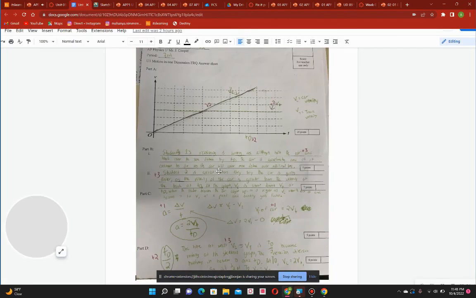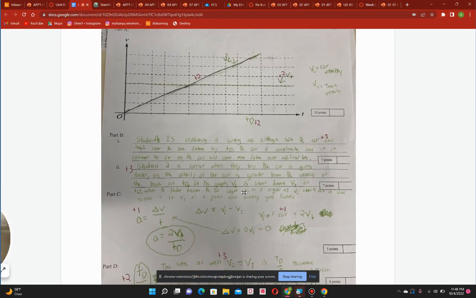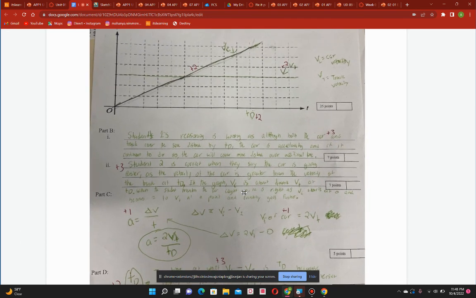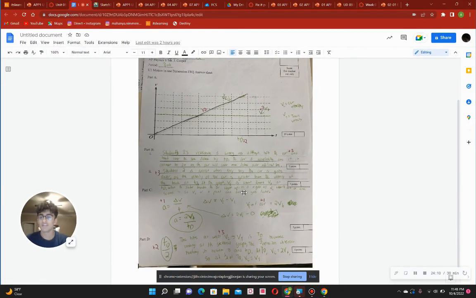I did that, and for some reason, I did not award myself those points. I said the velocity in the graph, the velocity of the car is about double the velocity of the truck at time D. So that cost me some points, which was really, really, really stupid. So part A and part B are now covered.